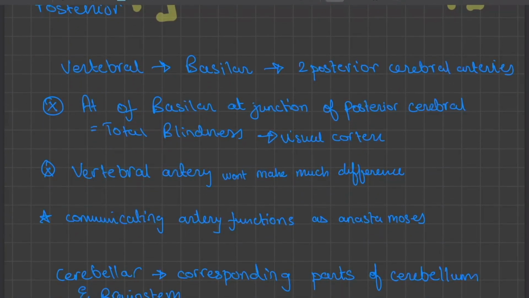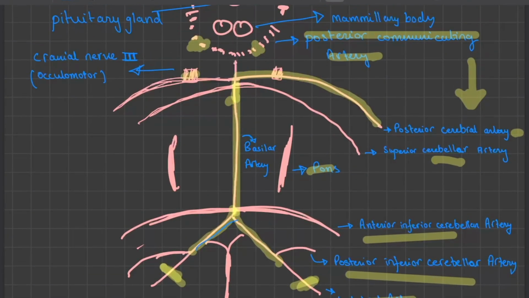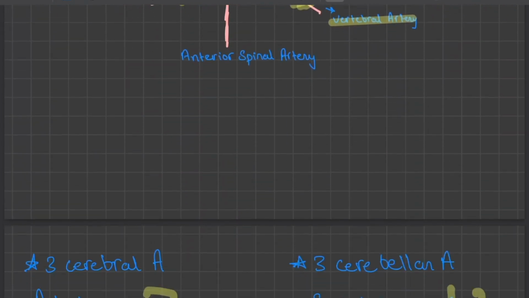Let's just bear in mind that we have two vertebral arteries, and they merge together to form one basilar artery. And then the basilar artery further gives rise to two posterior cerebral arteries. It's right over here in the diagram: two vertebral arteries, then one basilar artery, and then two posterior cerebral arteries.